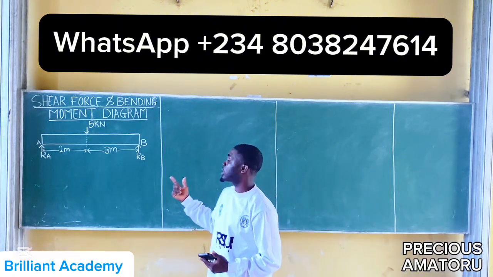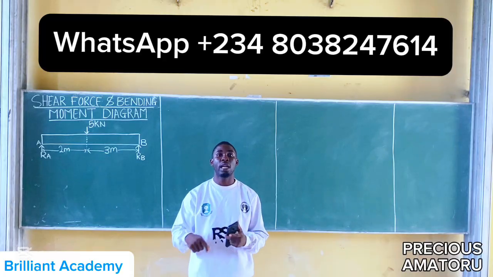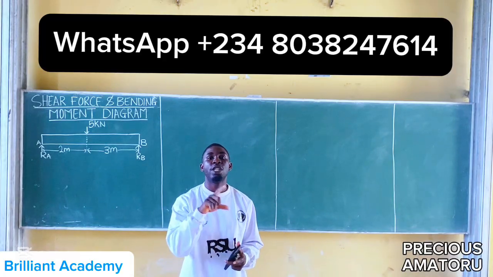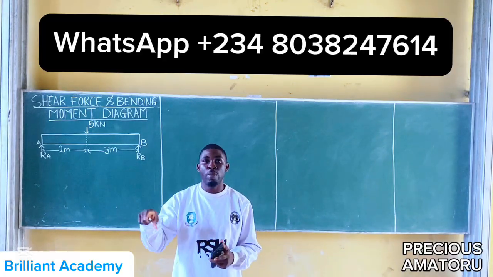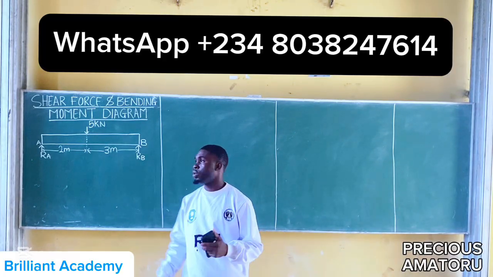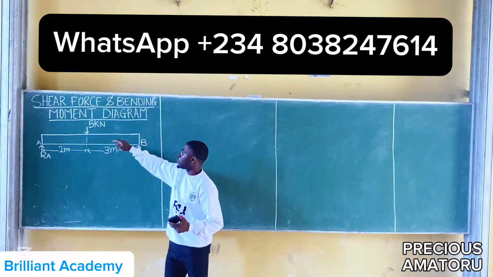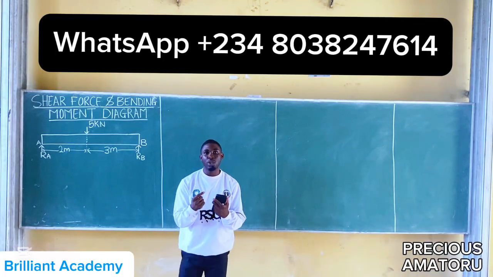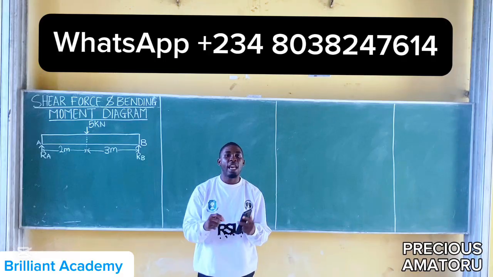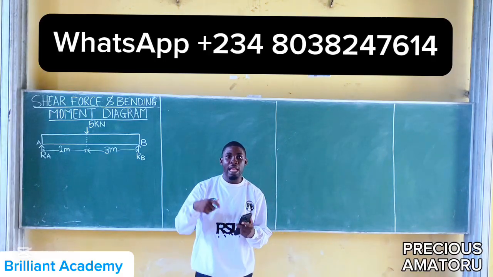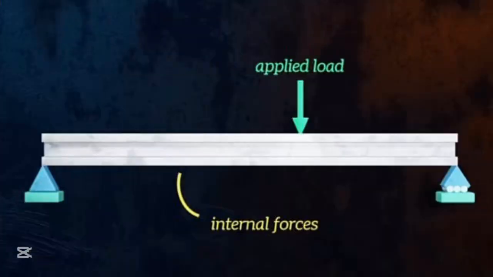Alright, so before we get started, let's quickly understand the action of shear force and bending moment in a beam. So if you have a beam like this and it is loaded, what's the action of shear force and bending moment in the beam, like the internal reactions? Alright, so when a beam is loaded, there are two kind of reactive force that occur within it.